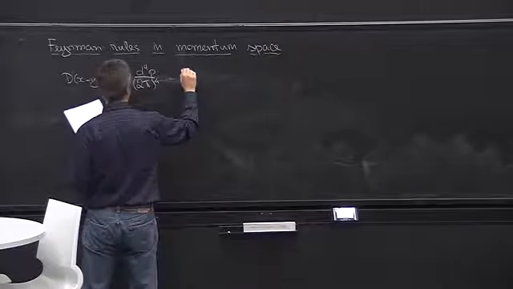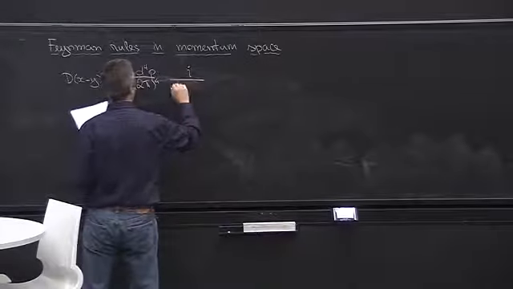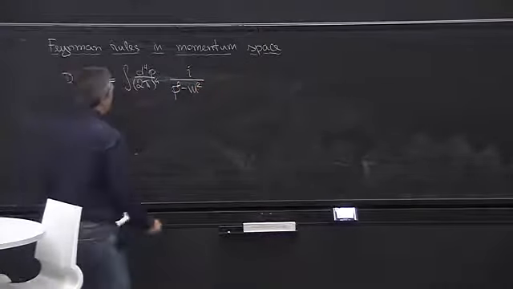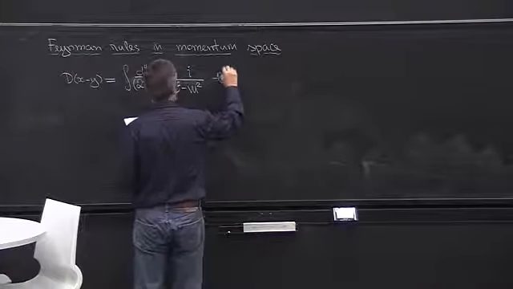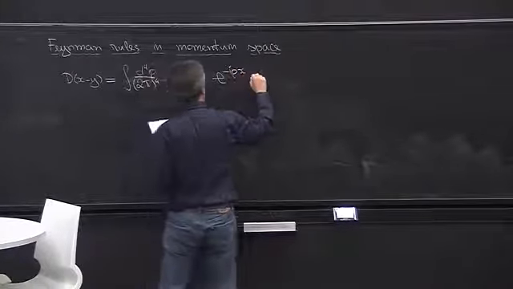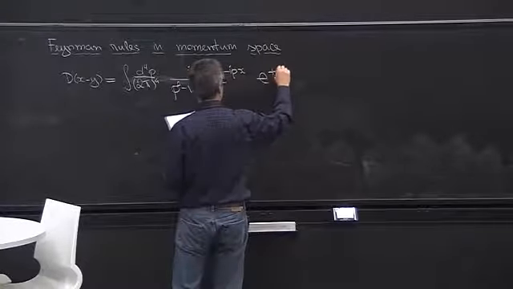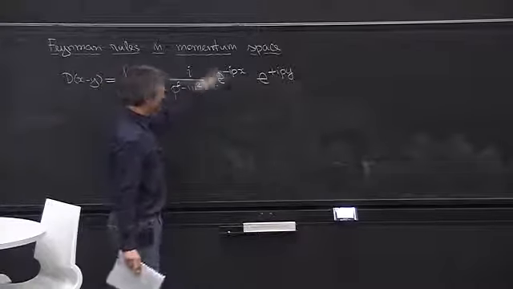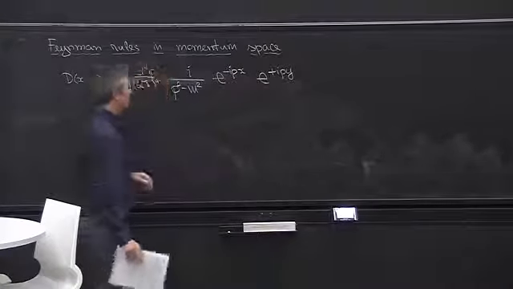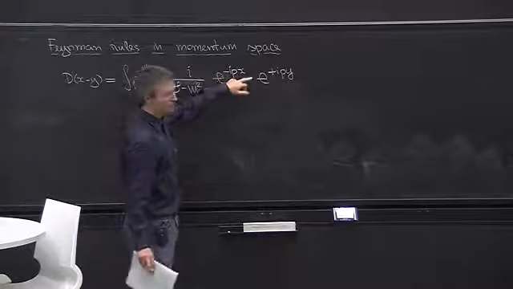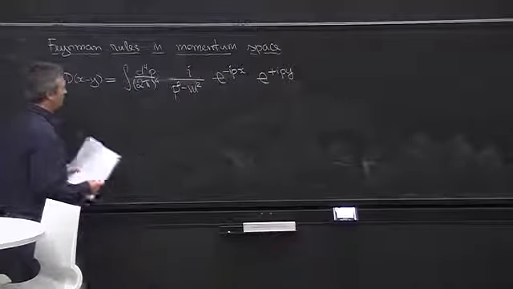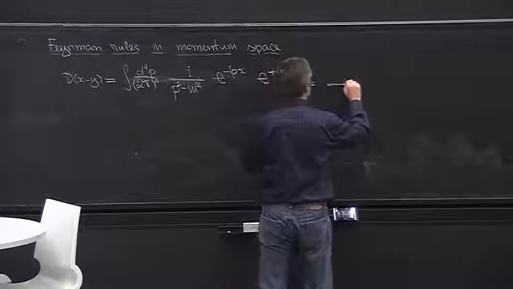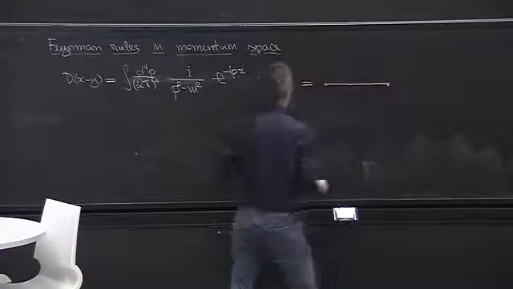Let me write it this way. It's i over p squared minus m squared, and then I have e to the minus ipx times e to the plus ipy. This is just a funny way to write a single exponential, because this is e to the ip(x minus y). The reason I want to write it this way is that then I can assign the exponential factors to the endpoints.